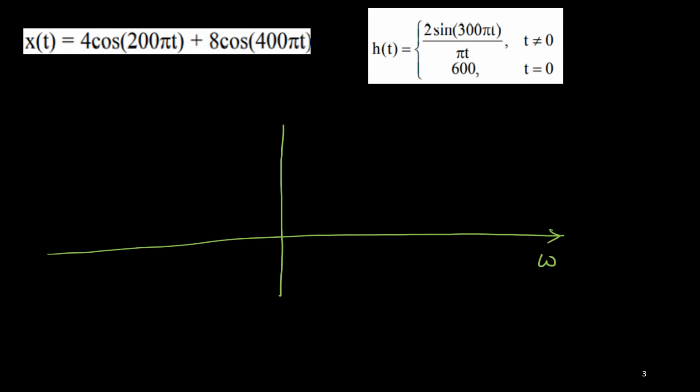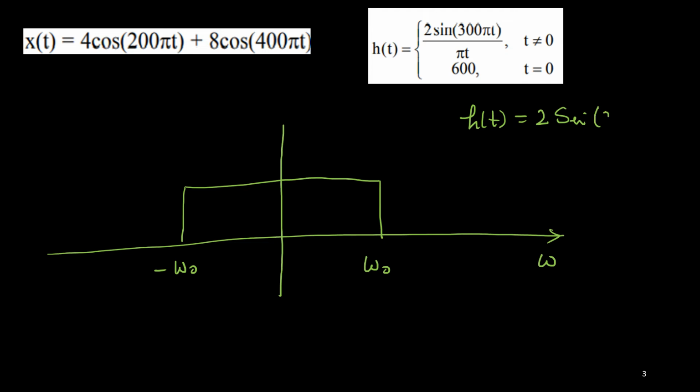So this is your omega, and you see the spectrum is uniform within this range. It is minus omega naught up to omega naught. In this case, h(t) is 2 sin(300 pi t) upon pi t.